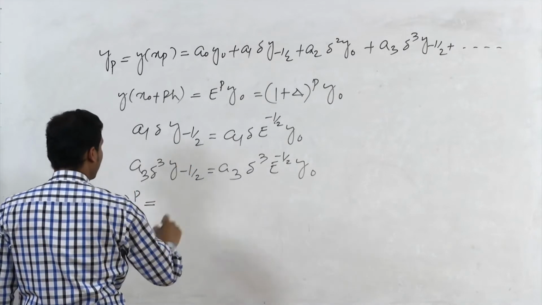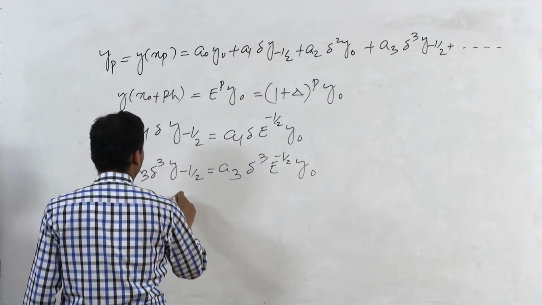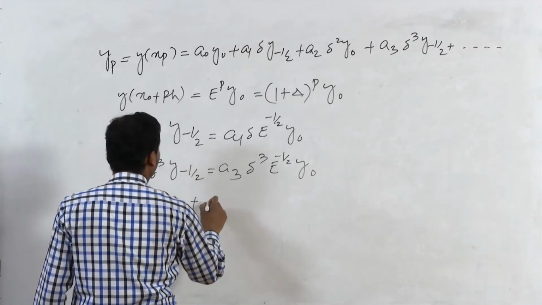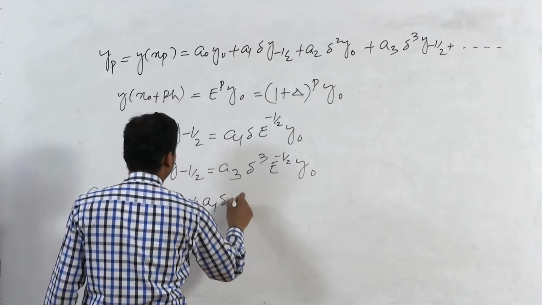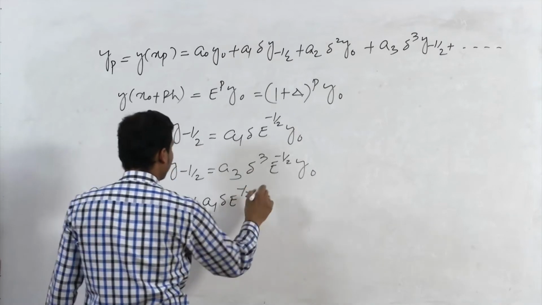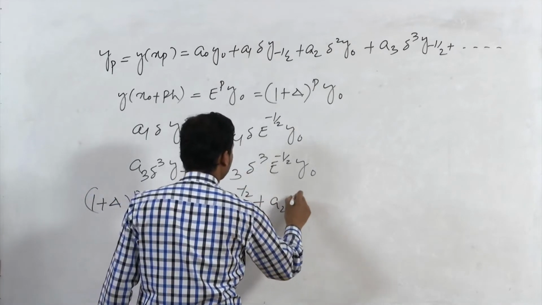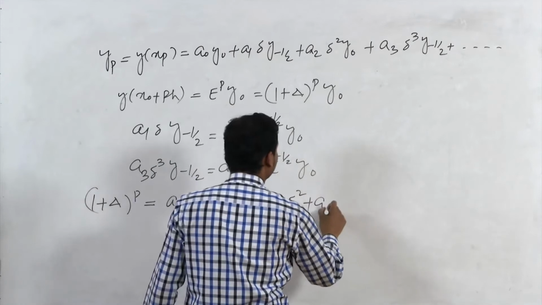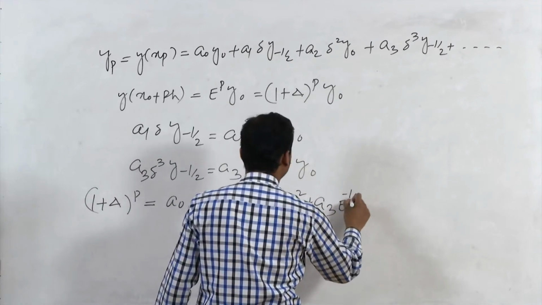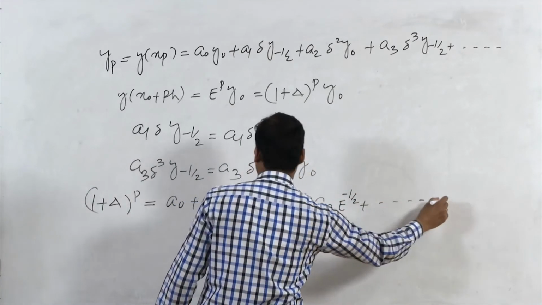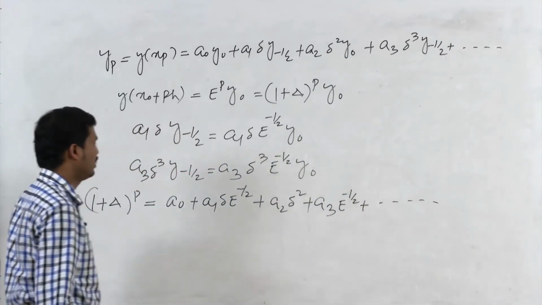This can be expressed on the right hand side as a0 plus a1 delta e to the power minus half plus a2 delta square plus a3 delta cube e to the power minus half, and so on.